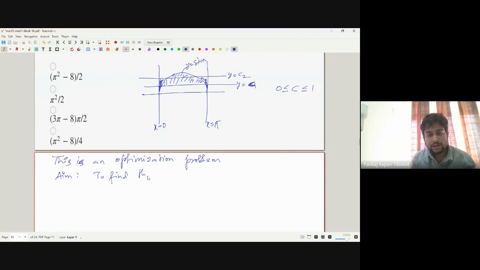To find the value of c which lies between 0 and 1, and the minimum volume.